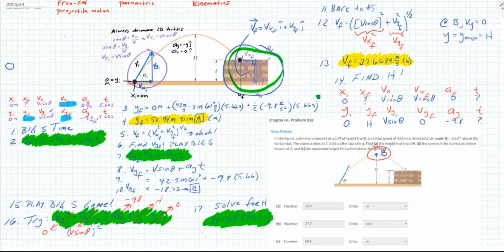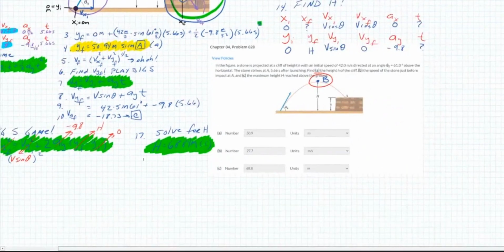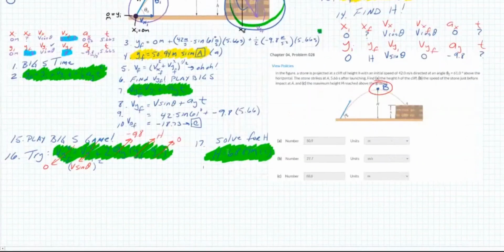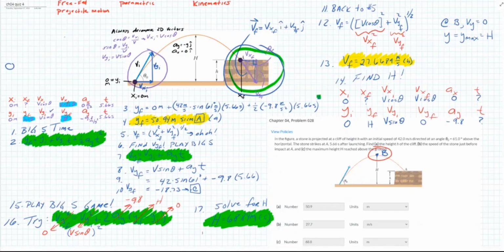Well, I'll start the next quiz up. Quiz 5.